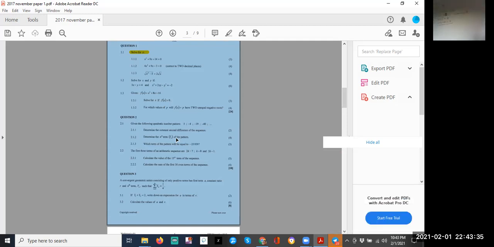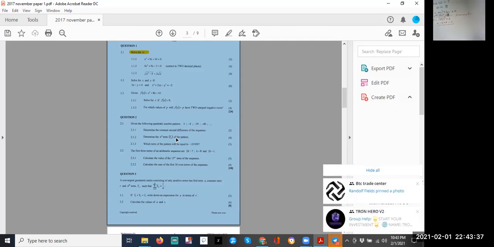2.1.3, which term of the sequence is equal to negative 25939?